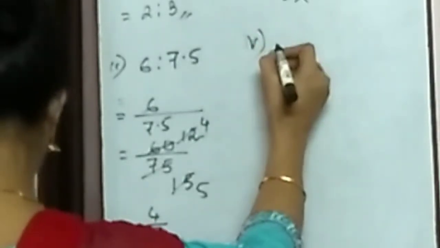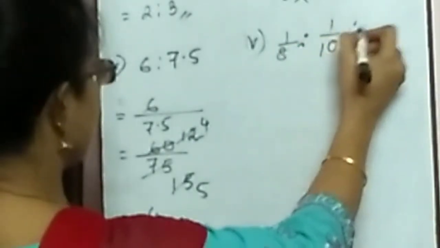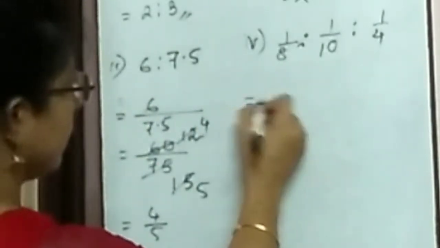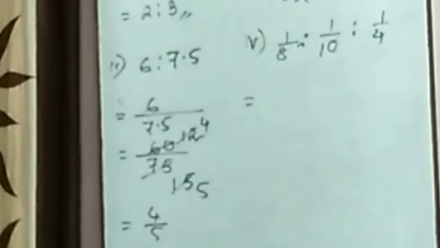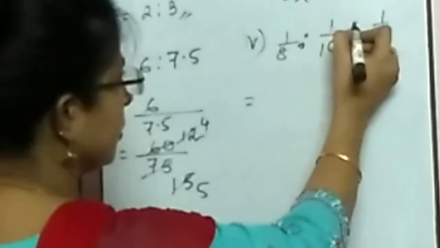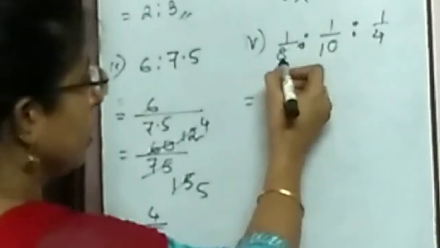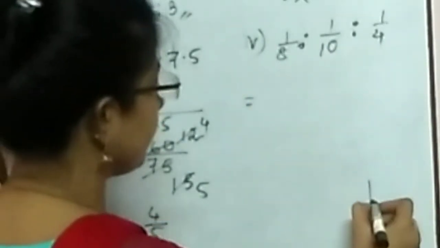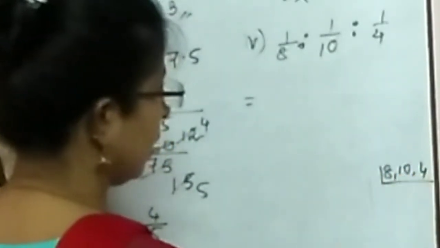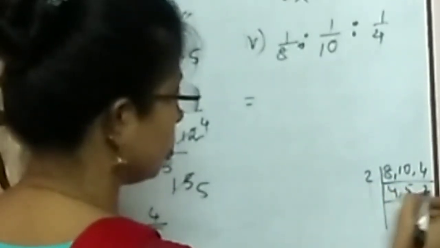Doing number 5, 1 by 8 is to 1 by 10 is to 1 by 4. So here we have 3 ratios. For getting 3 ratios, we have a method. For 2 ratios directly we have done. For 3 ratios, what we do, we take out the LCM of all the 3 numbers of the denominators, 8, 10 and 4. 2 4s are 8, 2 5s are 10, 2 2s are 4.